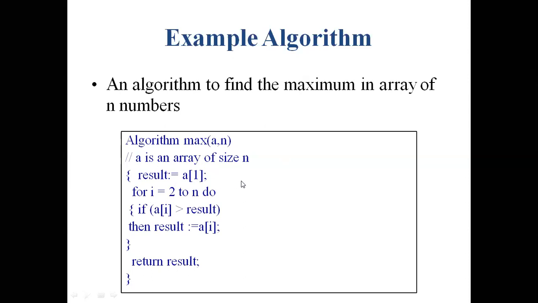First we store A1, the first element, in result. Then we go from 2 to the remaining elements, checking the condition for each element: if it is greater, that element is stored in the result. Finally, the maximum element comes as the solution for that problem.